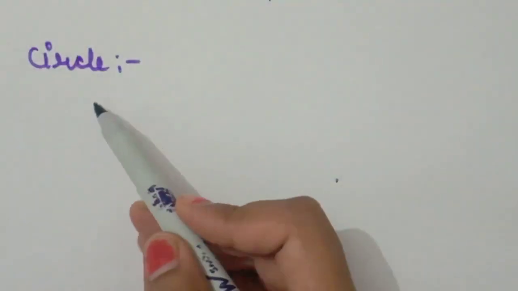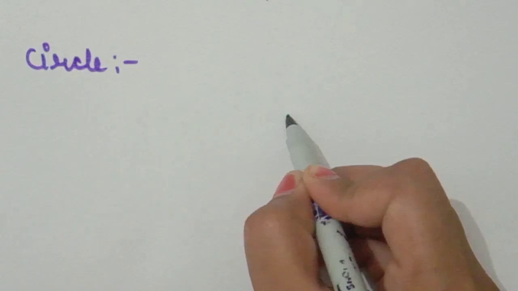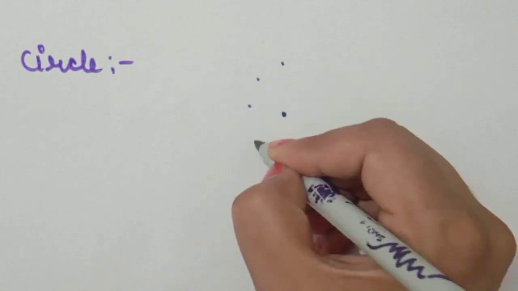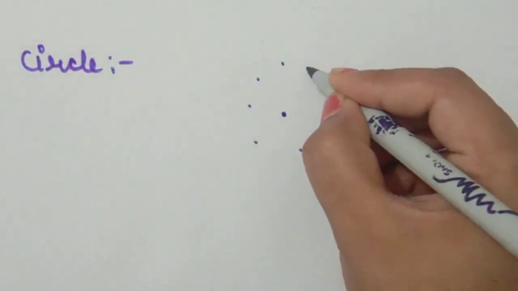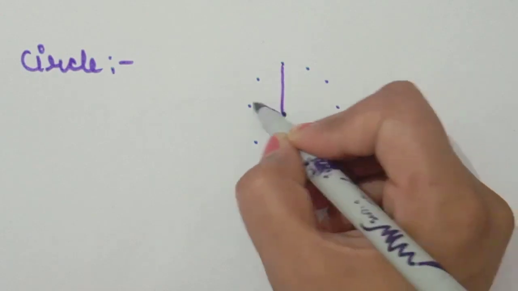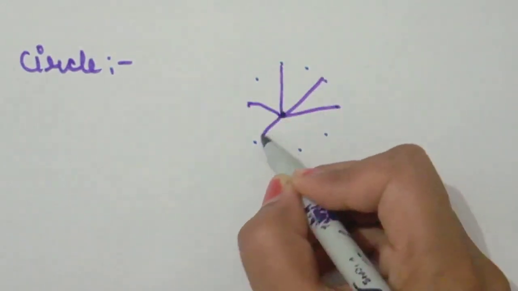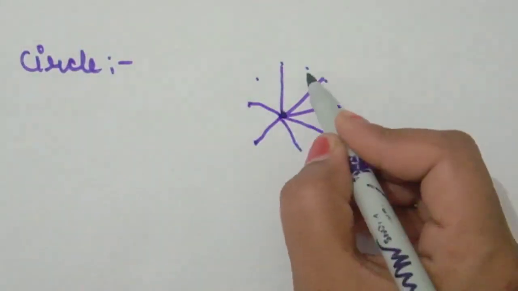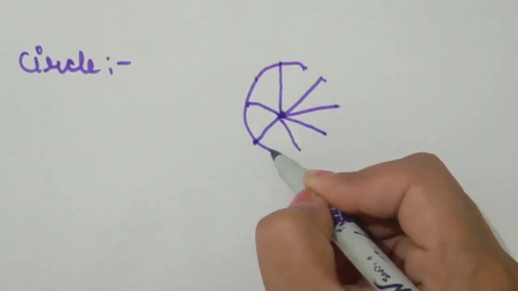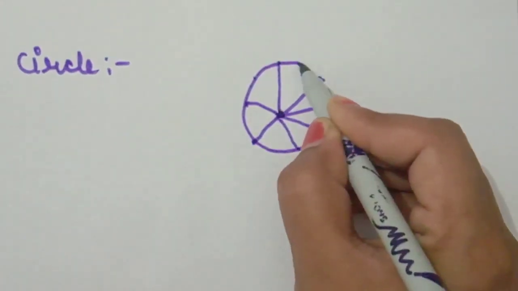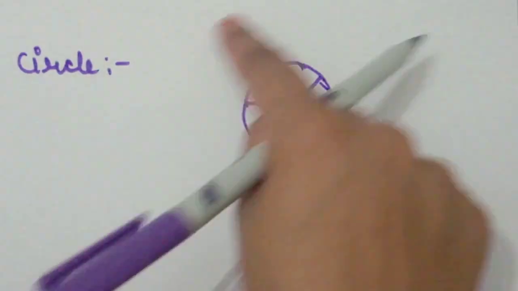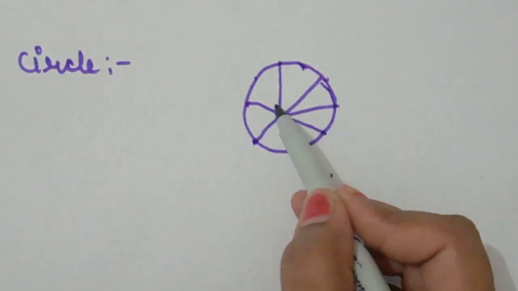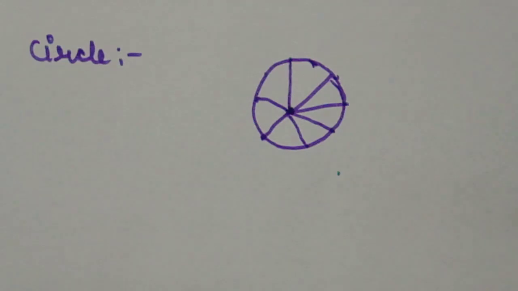So students, now the question is, what is a circle? When we have a fixed point like this and we have other different points which are present at a fixed distance from this point, the collection of all those points present in a plane which are at a fixed distance from a fixed point in the plane, we call it a circle.